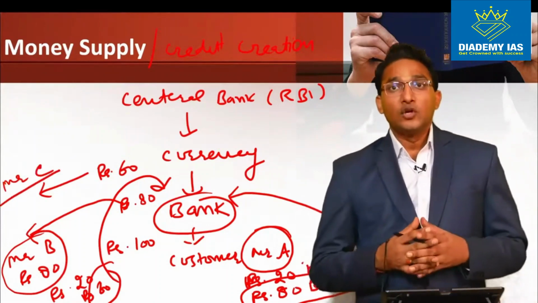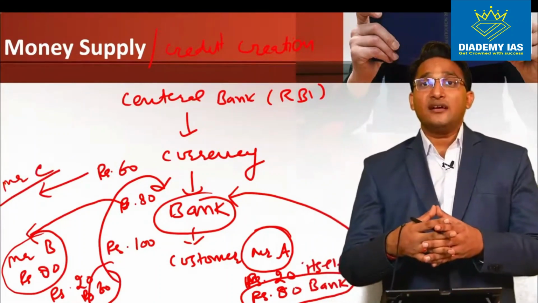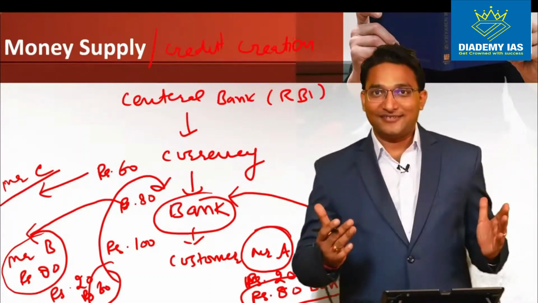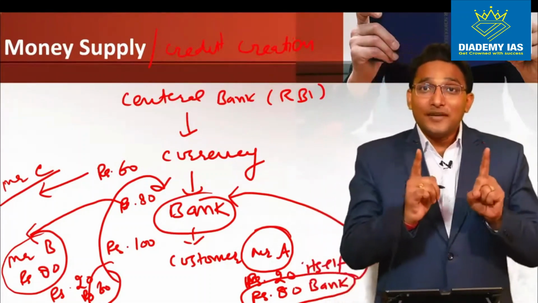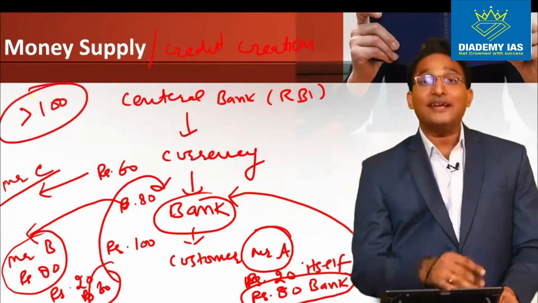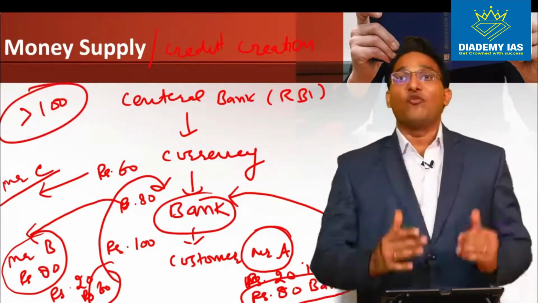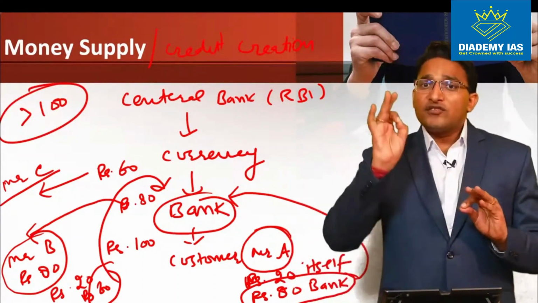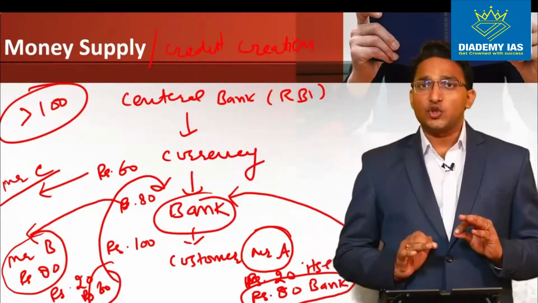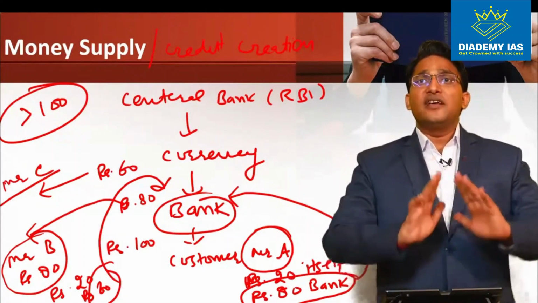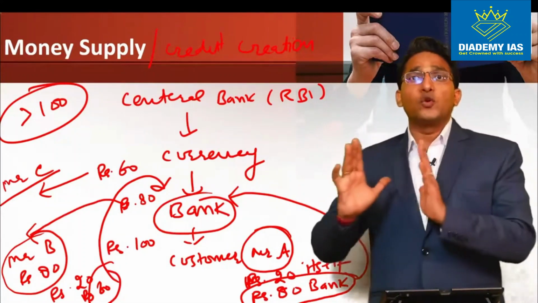So we can say that rupees 100 is getting circulated in the economy, and this 100 rupees is creating more than 100 rupees of money supply in the market. This is what I mean by money supply: the currency of just 100 rupees which was issued by the Reserve Bank of India is actually getting reflected in the economy as more than rupees 100.